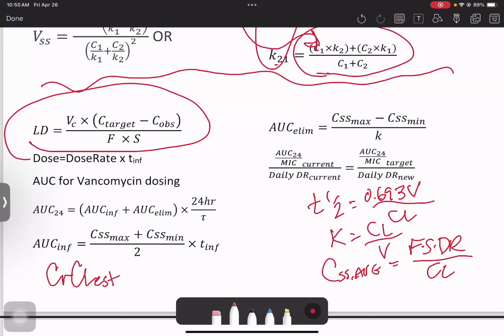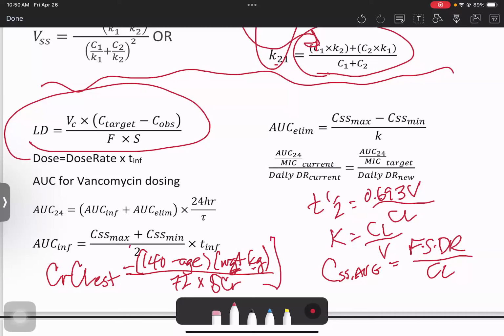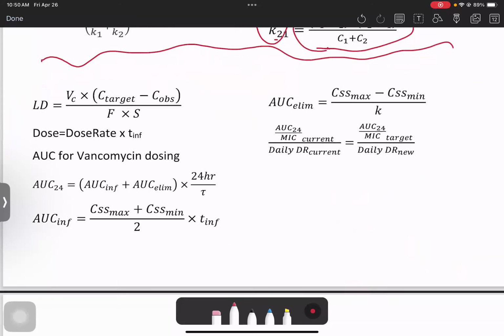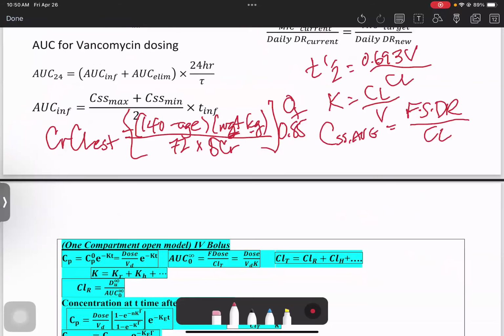This is an estimate, which is 140 minus age times their weight in kilograms. You need to know the rules for determining what the weight is, times 72 times their serum creatinine. And then this whole thing, you take 85% if you're talking about a woman. Okay? Need to know how to figure out ideal body weight.